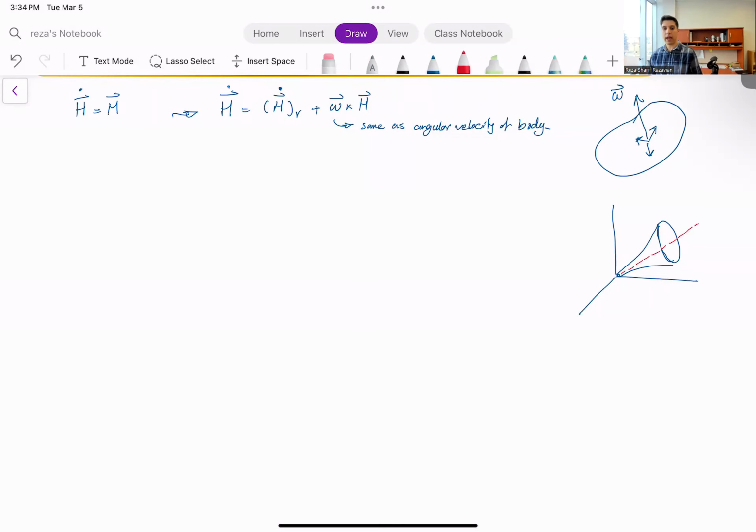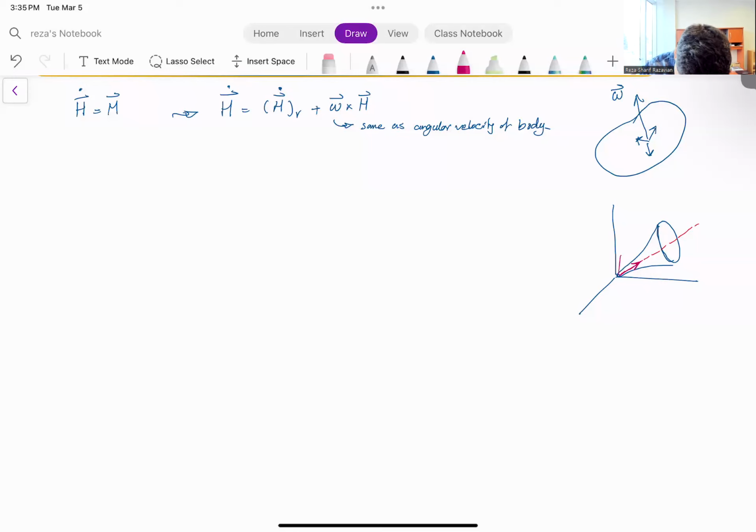This is its main axis, and let me add a couple more axes in a different color.